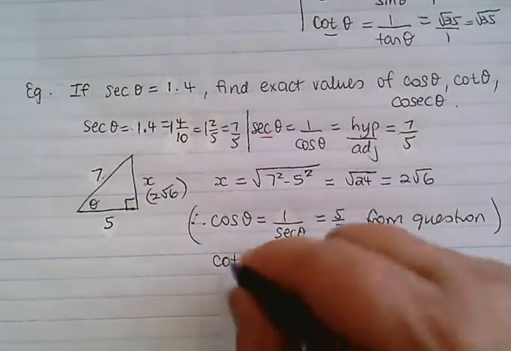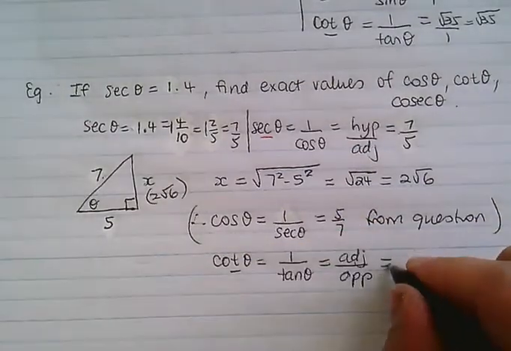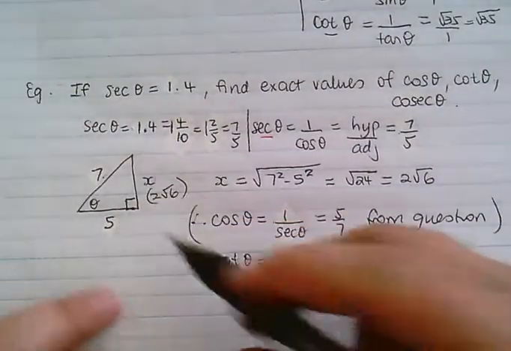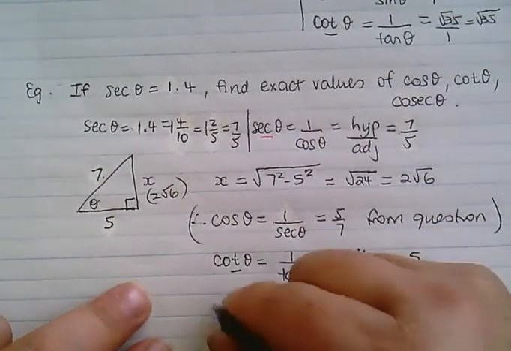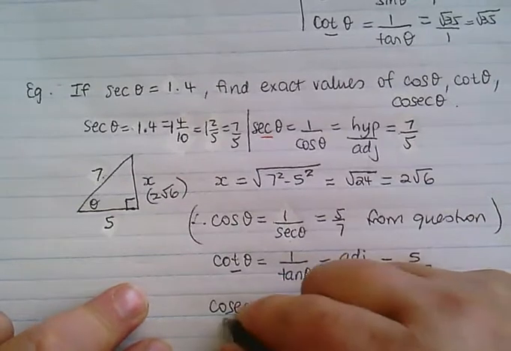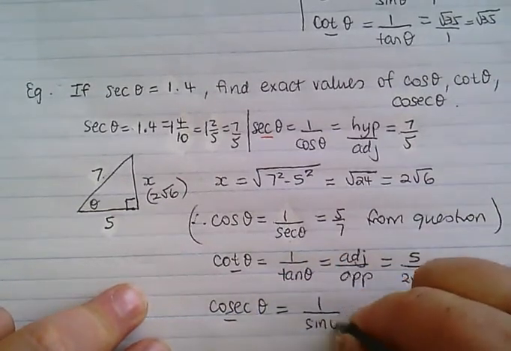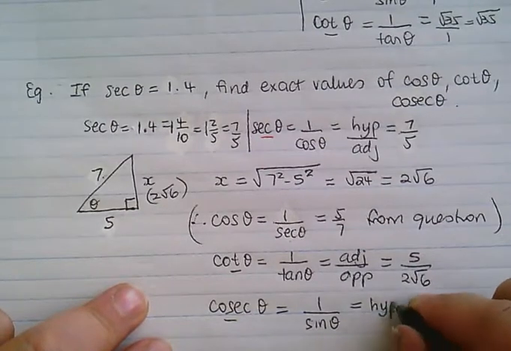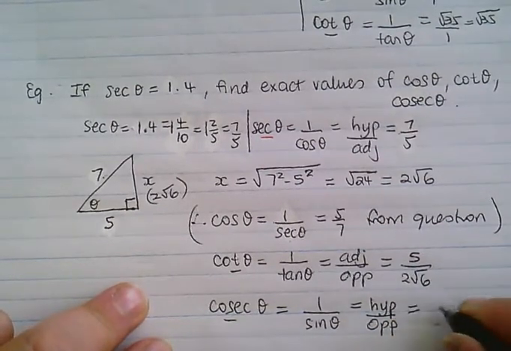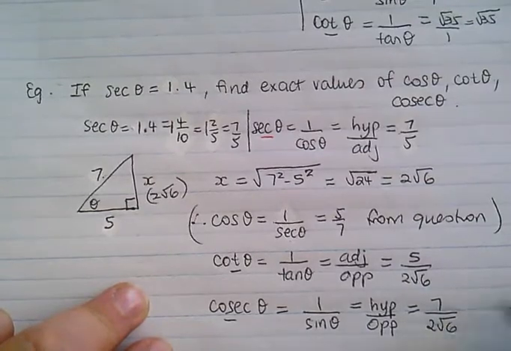Cot theta, that's the reciprocal of tan. So instead of opposite over adjacent, it's adjacent over opposite. Adjacent over opposite, it's 5 over 2 root 6. And cosec theta is the reciprocal of sine. Now sine is opposite over hypotenuse, so it's hypotenuse over opposite, which is 7 over 2 root 6.